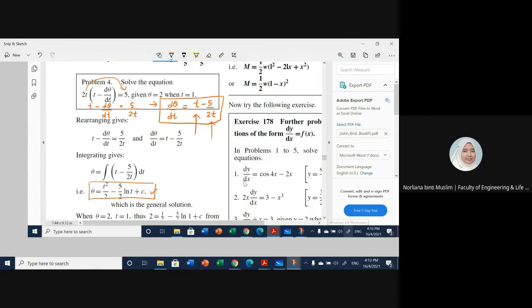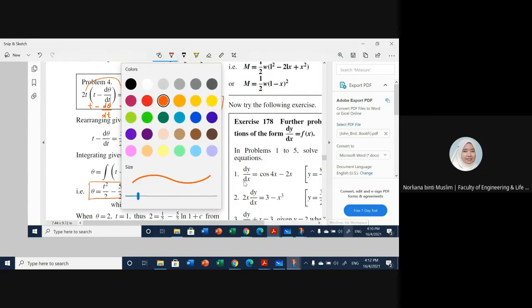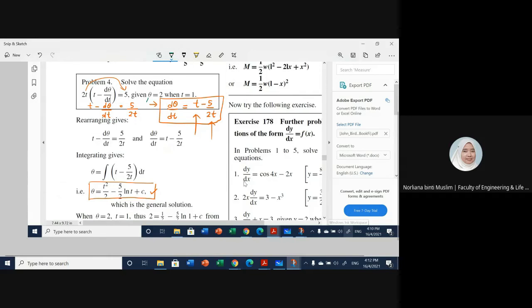But you see there is a boundary condition given here: theta equal to 2 and t equal to 1. So use this boundary value and substitute your theta and your t. Your theta is 2 and your t is 1. Then you will get the c value.